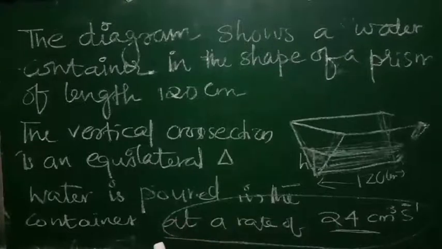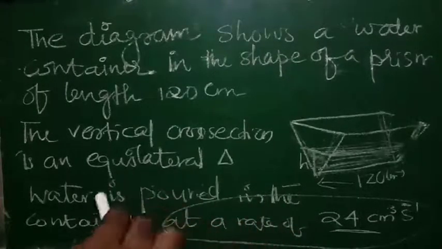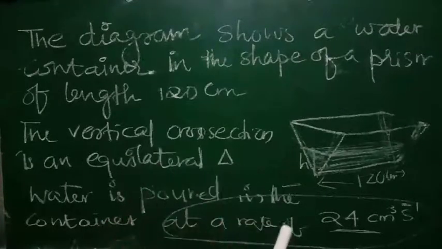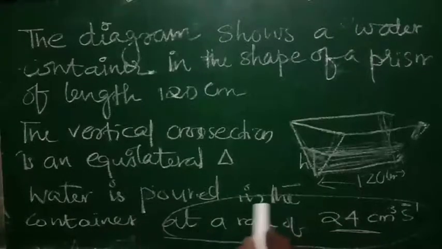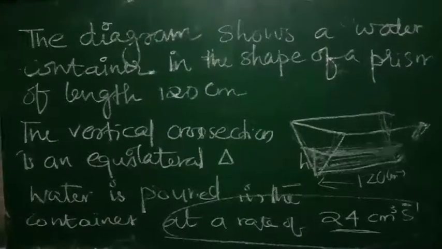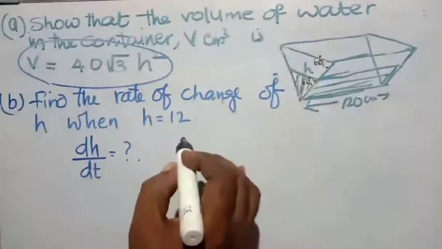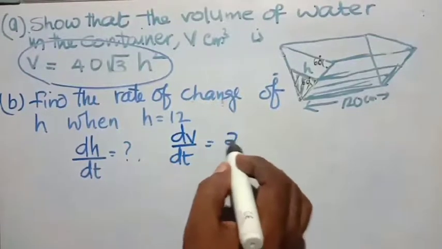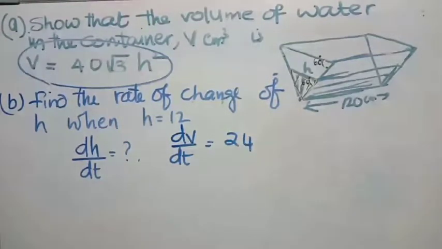What do you mean by this? There is a rate of change in the volume of water with respect to time. So this is nothing but dv by dt. That means dv by dt is 24. We need to calculate dh by dt.